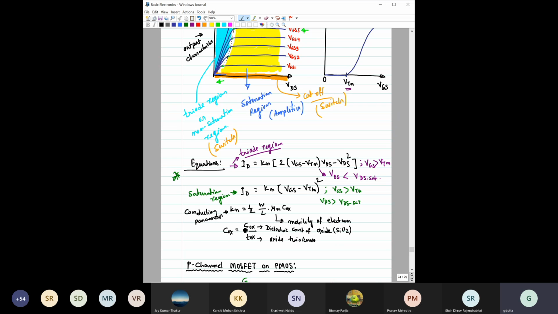So from this you can easily understand that in this Cox expression there is no A, means no area term, right? So this Cox stands for the gate capacitance per unit area, isn't it? Cox is the gate capacitance per unit area.